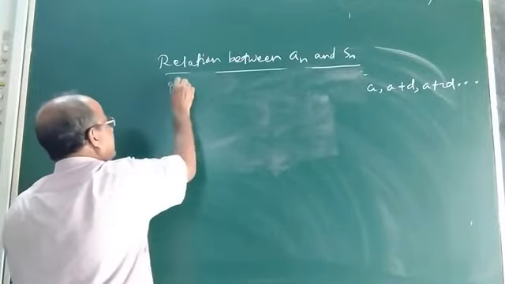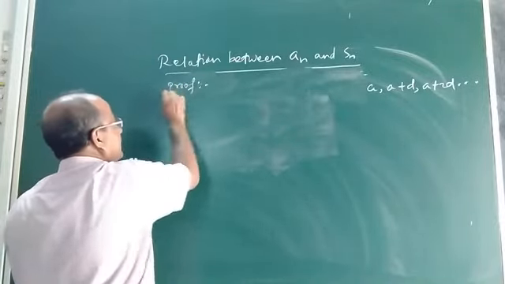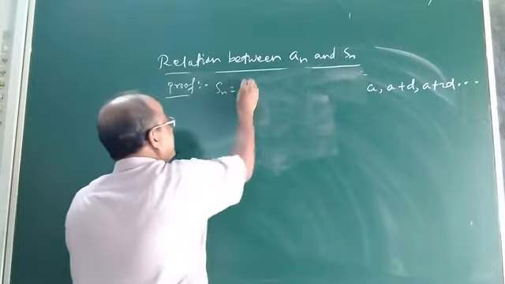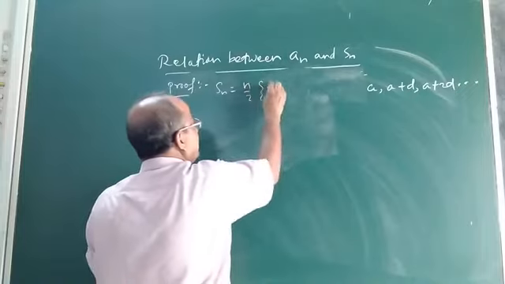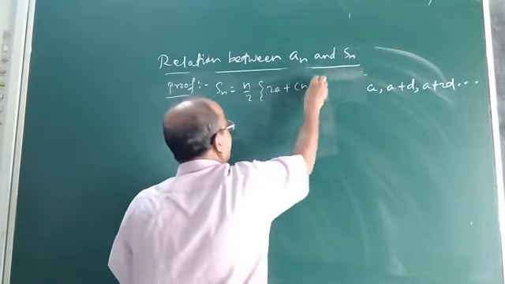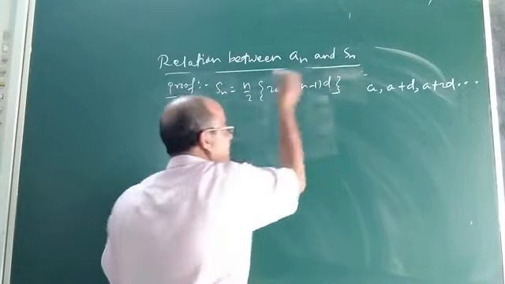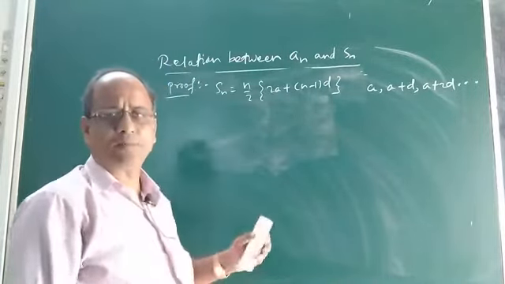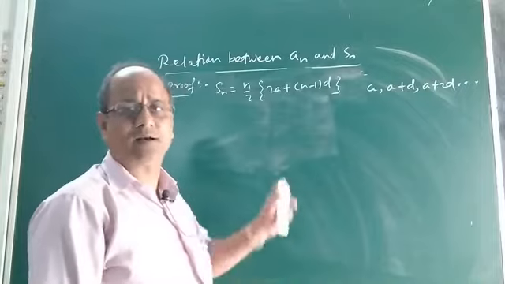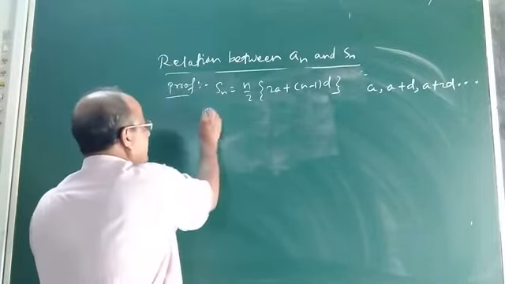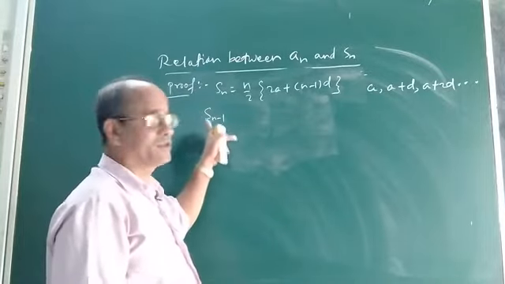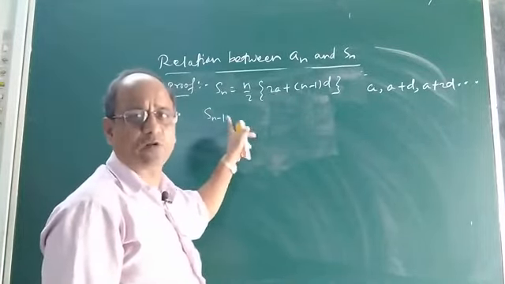Let me explain the proof. What is the formula for Sn? The sum of first n terms is given by n by 2 into 2a plus n minus 1 into d. If this is the formula to find the sum of first n terms of an AP, then what will be Sn minus 1? It means sum of first n minus 1 terms. How to find it?